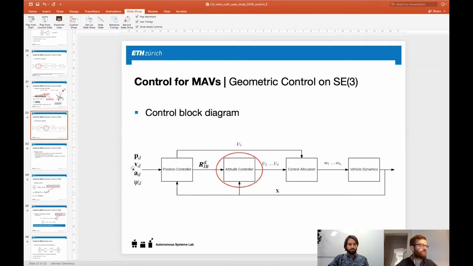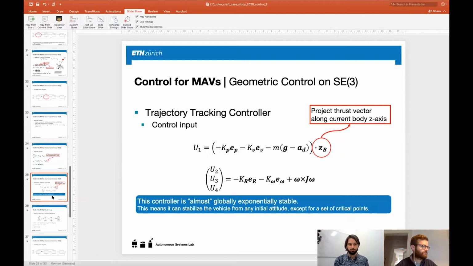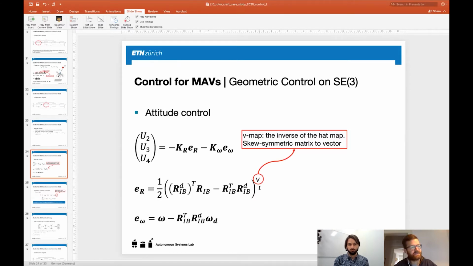And the attitude controller, based on the error, gives us then the angular accelerations u2, 3, and 4, which is, again, just based on a PD controller. And the PD controller is based on the attitude error, ER, and the angular velocity error, E omega. And this again also comes back to the previous question before about this hat operator.